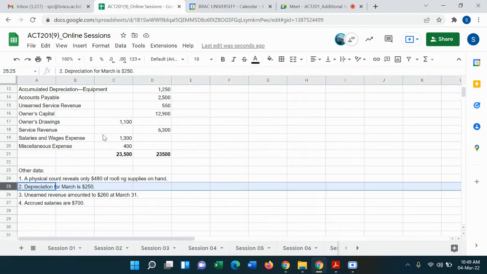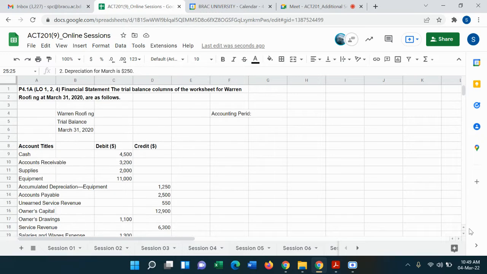Then we have to consider that this trial balance is prepared for 1 month. So we have to be careful on the problems, whether any clue has been given regarding the accounting period. We have to have a look at the question first to find out the duration. So from the problem we can identify that the duration of the accounting period is 1 month.